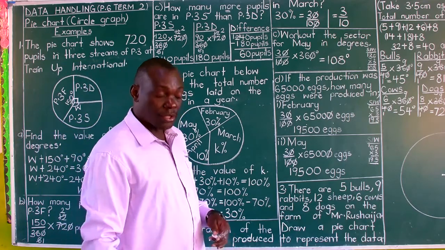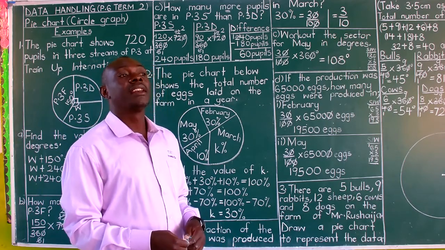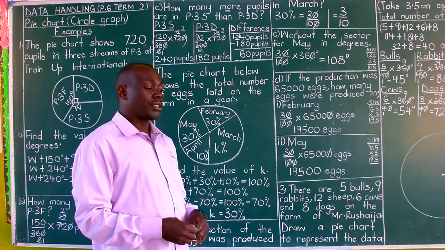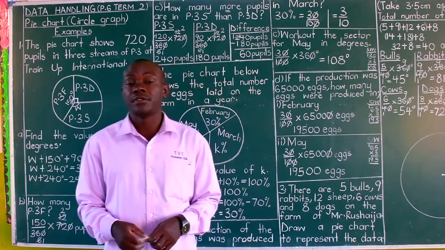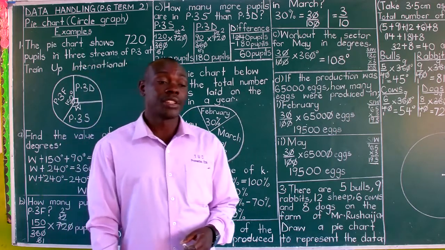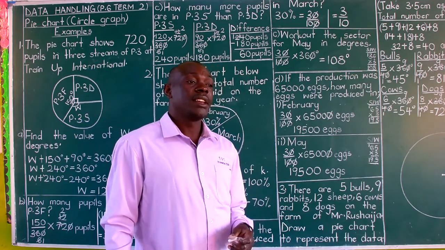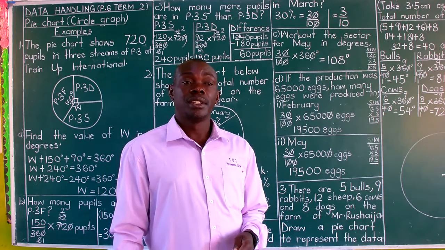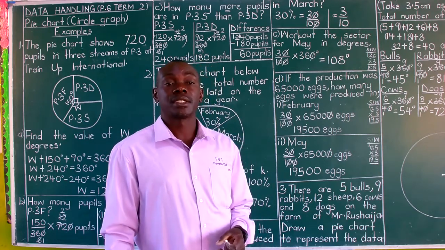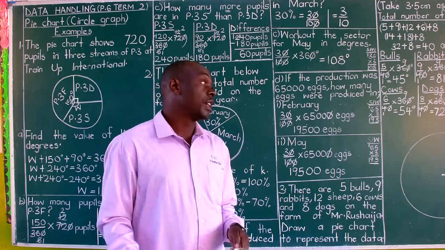Meaning, Betty has got more oranges and Richard has got fewer oranges. So they want to subtract. That is, if Betty got 10 and Richard got 7 oranges, then how many more oranges did Betty get than Richard? You get 10 minus 7, that's 3 more oranges.